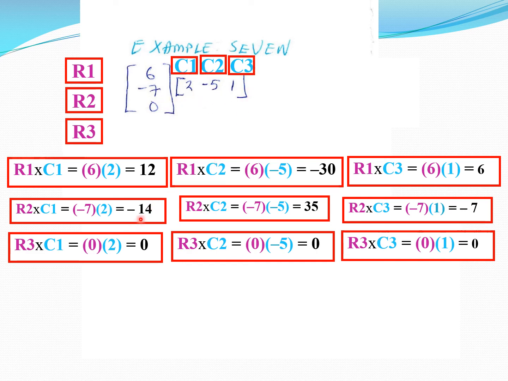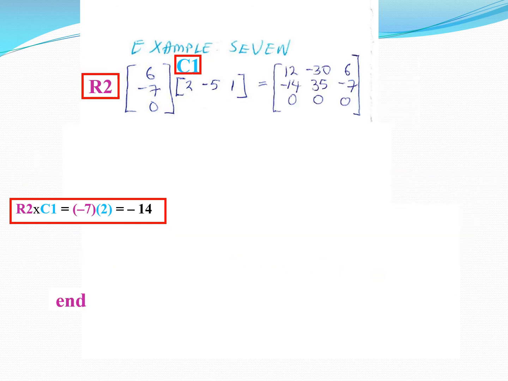So we get minus 14, plus 35, and minus 7. Row 3 by each of the columns, and it's 0, and 0 by all those numbers is going to give you 0 each time. So that's how our final matrix looks. So just check one of those again. Row 2 by column 1 gave us minus 7 by 2, giving us minus 14.